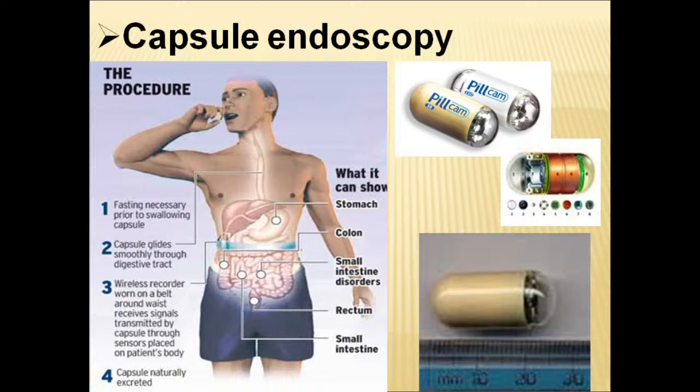The patient swallows the capsule, then finds it during defecation and brings it to the doctor, or there may be another method where the capsule does not need to come back because it is interconnected with a portable computer and all information is held on the computer, so the capsule is not needed.